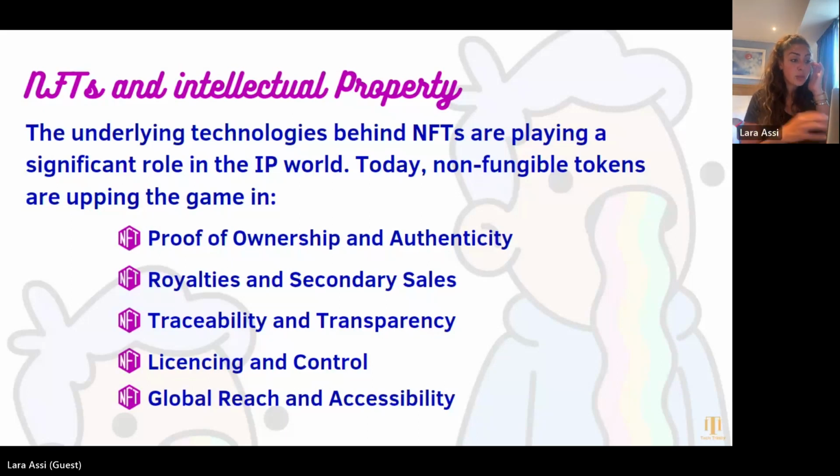Now, proof of ownership and authenticity is something that is very important in the IP world. It's all about authenticity and ownership. And for example, if you take the CryptoKitties example, each digital cat of these collections had unique attributes, and the ownership history is recorded on the Ethereum blockchain.